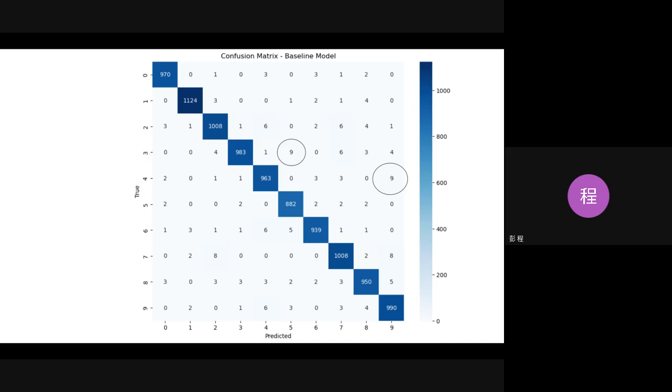I think they basically look kind of similar, so that's why 3 and 4 are the most confused.